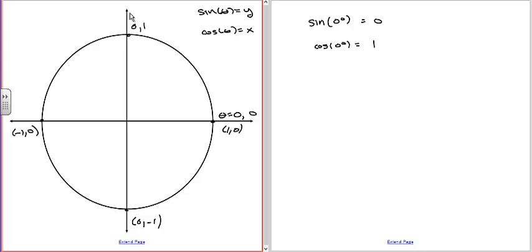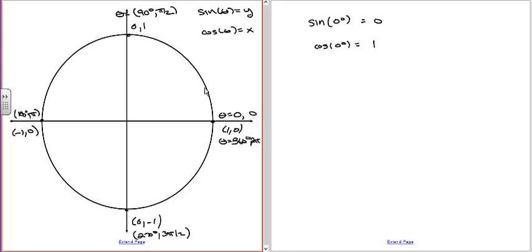So up here, theta is 90 degrees, which is pi over 2 radians. Here I have 180 degrees, pi radians. Down here I have 270 degrees, 3 pi over 2 radians. And if you come all the way around, you get theta is equal to 360 degrees or 2 pi radians.